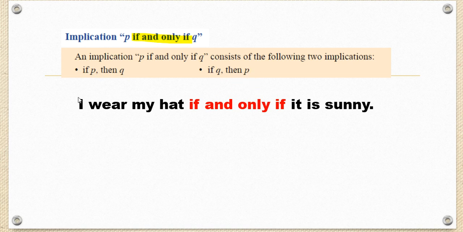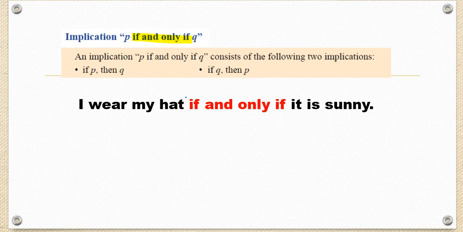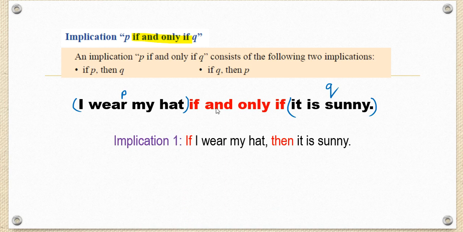Let us find out where your P and Q are first. Around the if and only if, the first part is your P and the second part is your Q. Implication 1: if I wear my hat, then it is sunny.